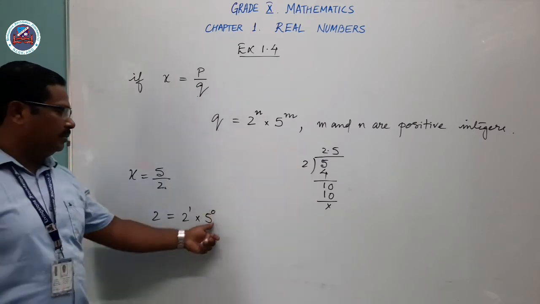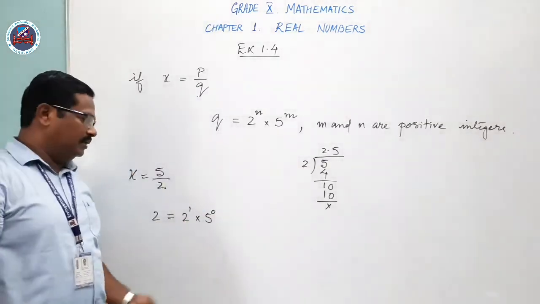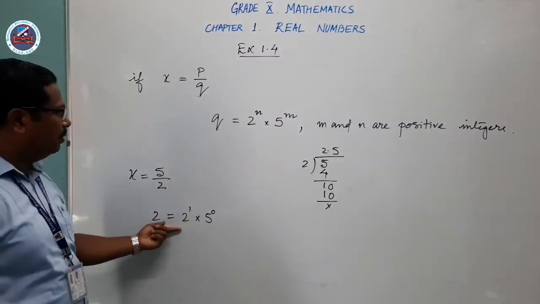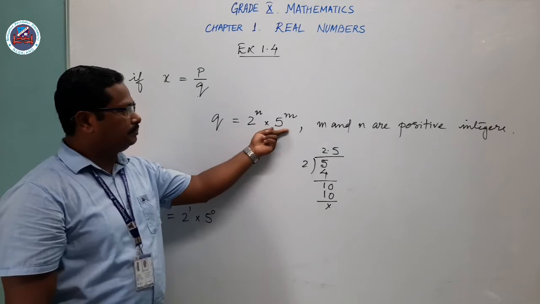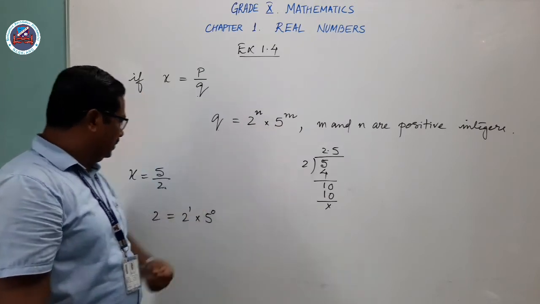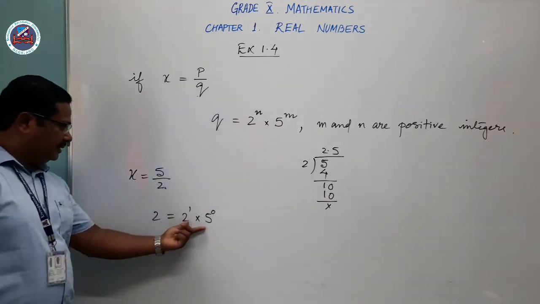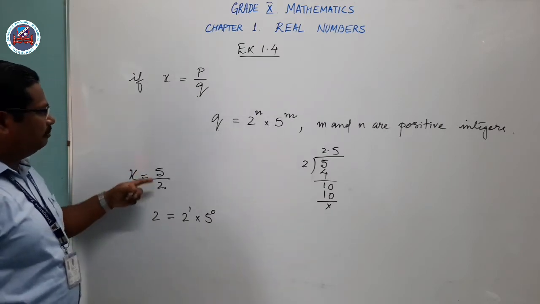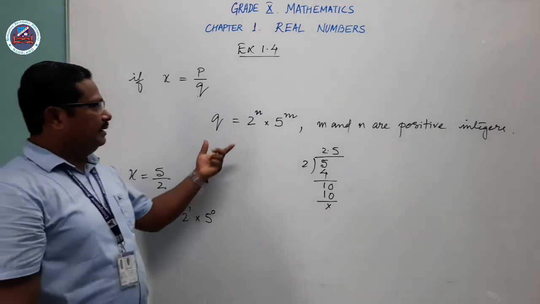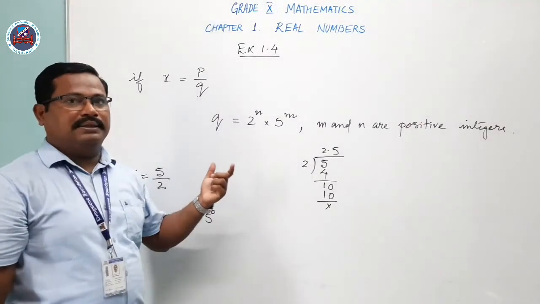Any number raised to the power 0 is equal to 1. That means I can write it in this form, 2 to the power n into 5 to the power m. So I can say that this rational number x equal to 5 by 2 has a terminating decimal expansion.